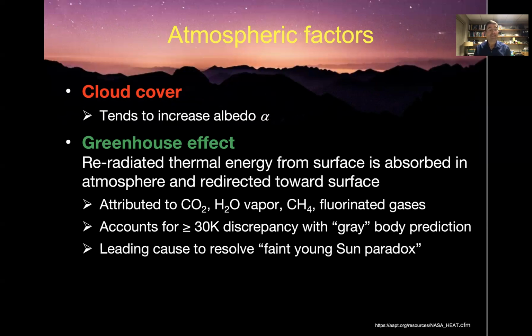And in fact, it does help account for what is a 30°C or 30 Kelvin discrepancy between a gray body calculation and actual accepted average temperatures for Earth.